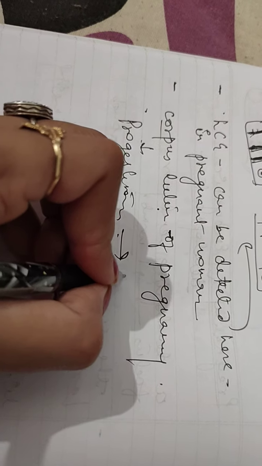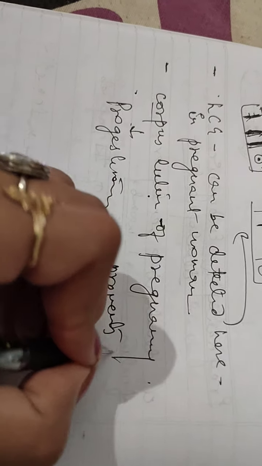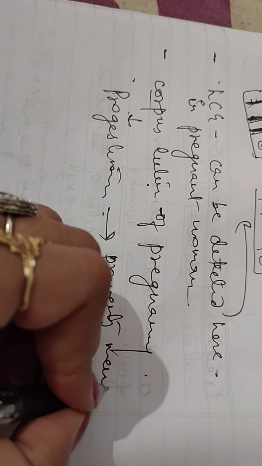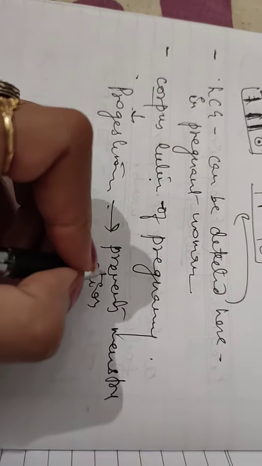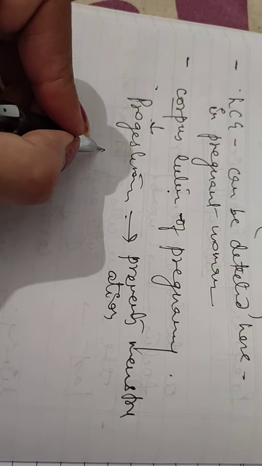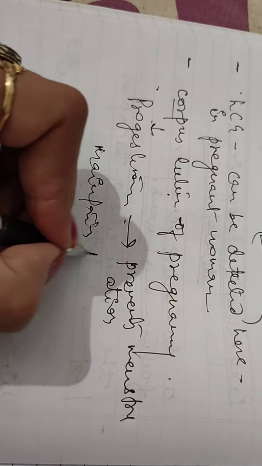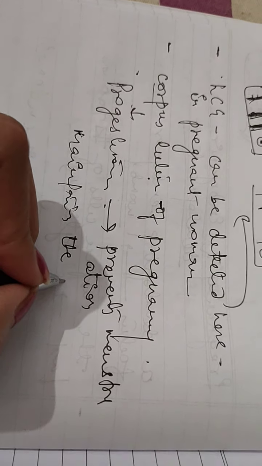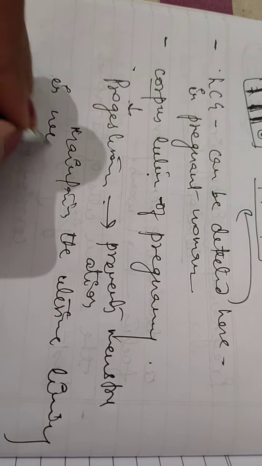What is the function of progesterone here? It maintains pregnancy by preventing menstruation. You can say there is a temporary cessation of menstruation, and it also maintains the uterine lining in a nutrient-rich state.